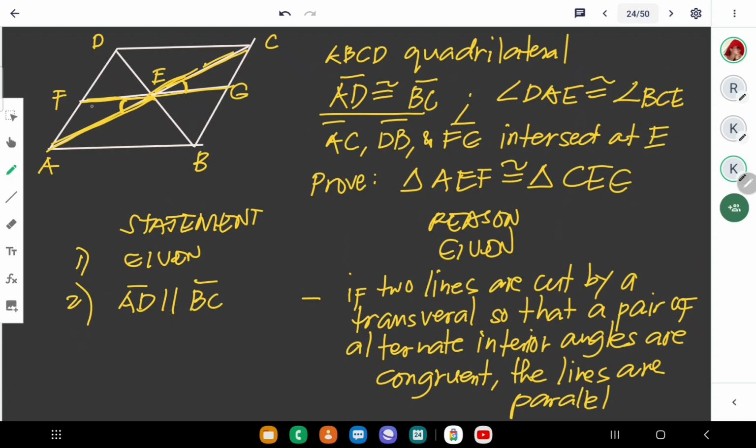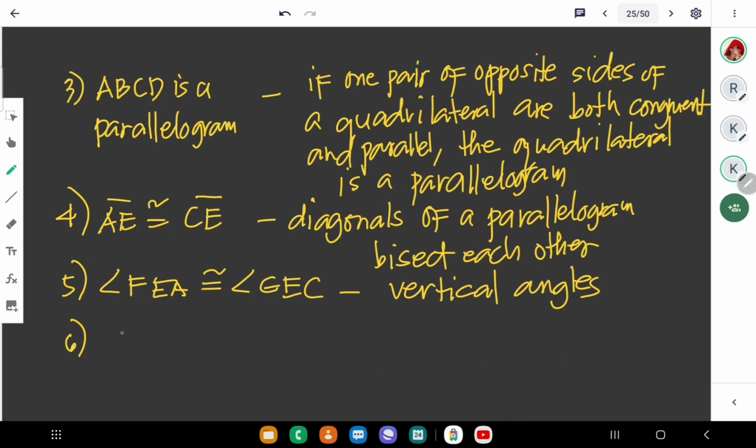So we would have proven that one angle of one triangle is congruent to another angle of the other triangle, and one side is congruent to the other side. And of course, this side here is congruent to this side here. Therefore, we can conclude that triangle AEF is congruent to triangle CEG by ASA.